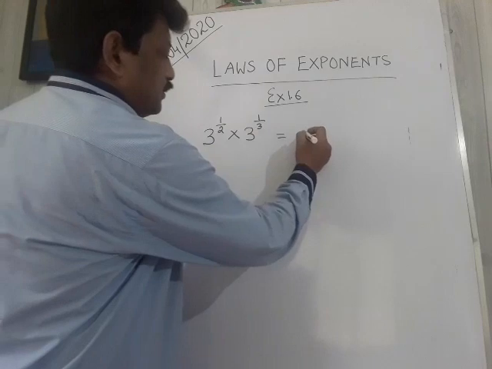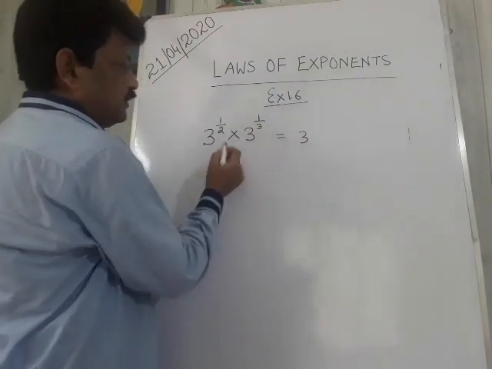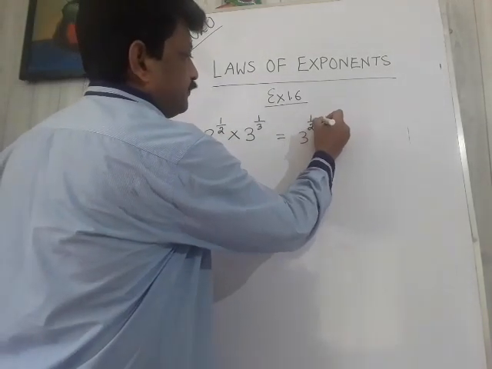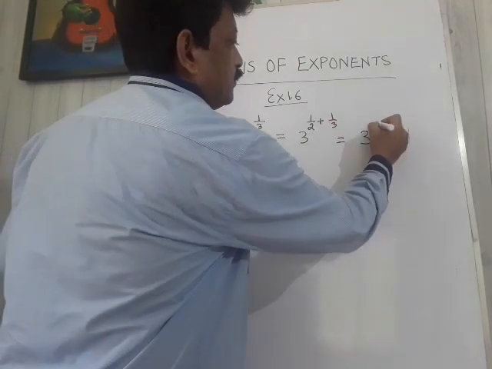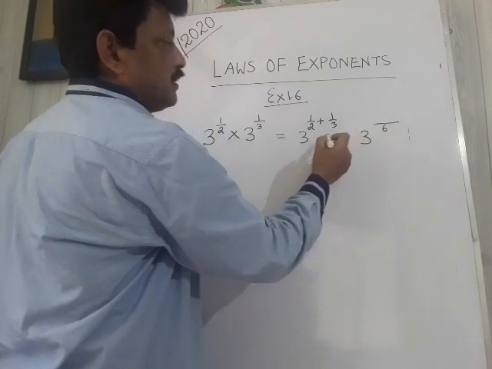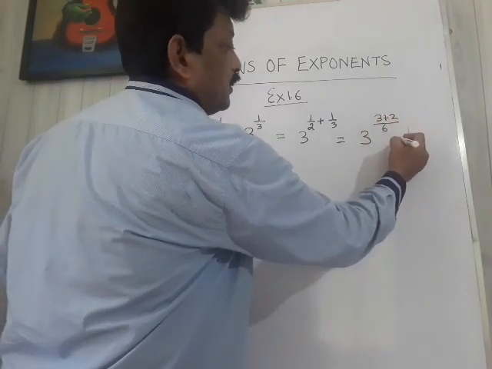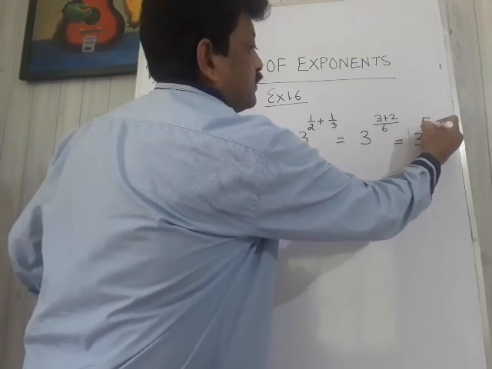So here also 3 to the power 1 upon 2 and 3 to the power 1 upon 3, these two numbers are multiplied. So here the powers will be added. It will become 3 and power here it will be LCM. 2 and 3 LCM is 6 and it will be 3 plus 2, that means 3 power 5 upon 6 is the answer.